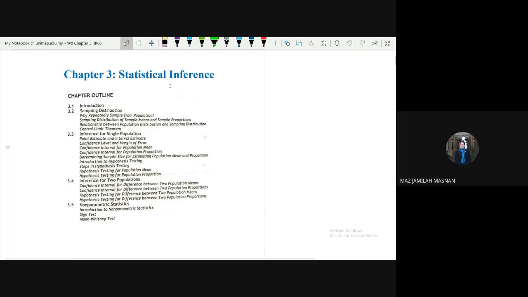So if we go back to what we call statistical inference, we are referring to our population. Let's say this is your population, and in order to study our population, it will be hard for us because it will require more time, more workers, more manpower, more money. So what we do is focus on a subset of our population.